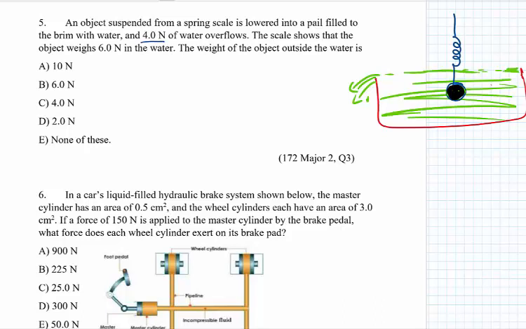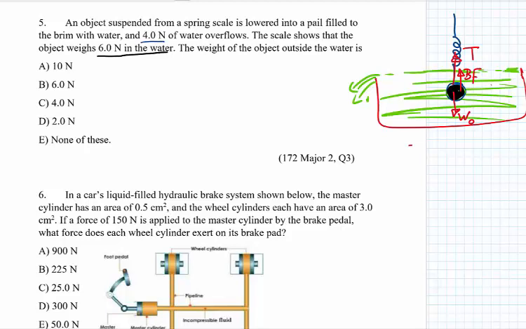The scale shows that the object weighs 6 Newton in water. So the scale reading is the tension here. And there are other forces acting on the object: the weight of the object, and the buoyant force which is upward. So the 3 forces are balanced.